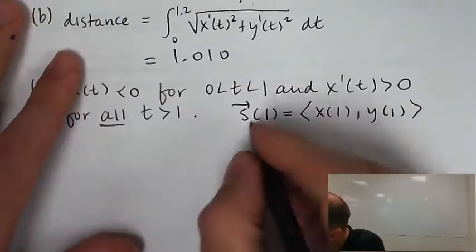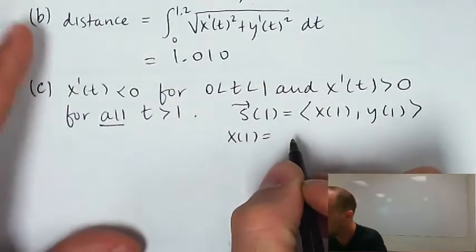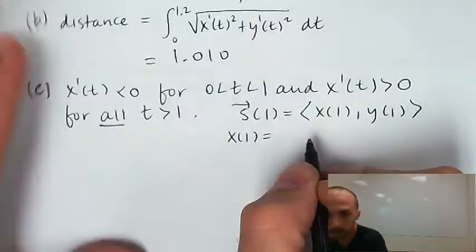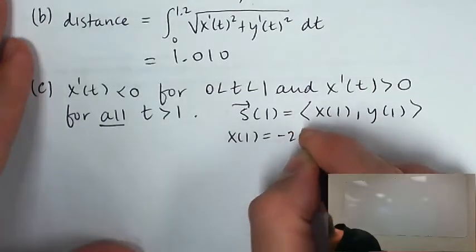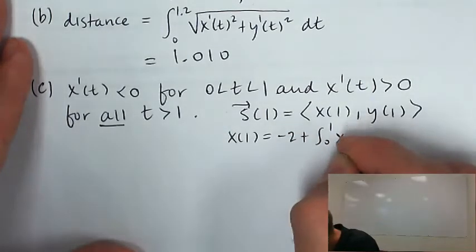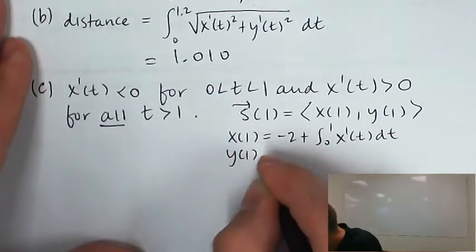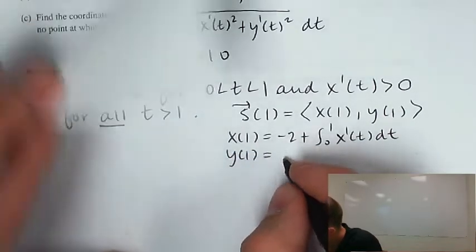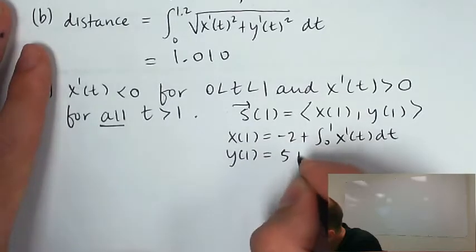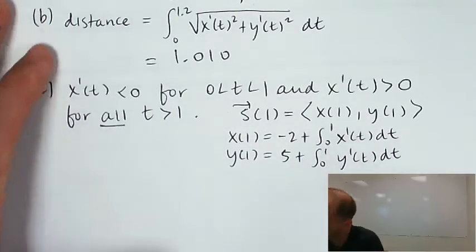So what we're going to do is I'm going to say x of 1 equals x of 0, which they told me was negative 2, plus the integral from 0 to 1 of x prime of t dt. And y of 1 is equal to y of 0, which is 5, plus the integral from 0 to 1 of y prime of t dt.